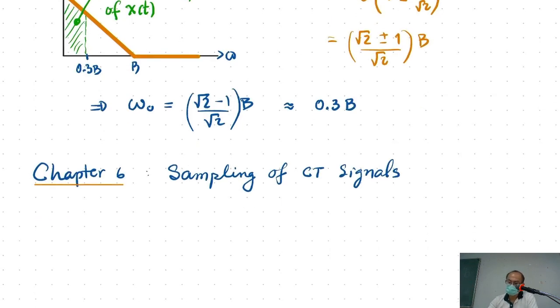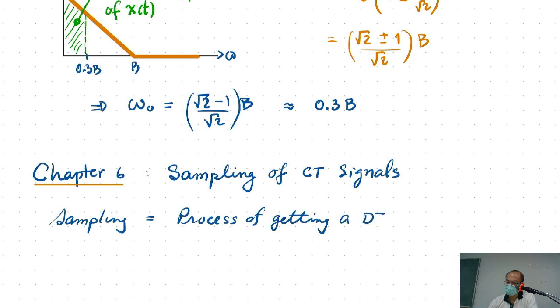So sampling means the process of getting a discrete time signal, DT meaning discrete time, out of a given continuous time signal.